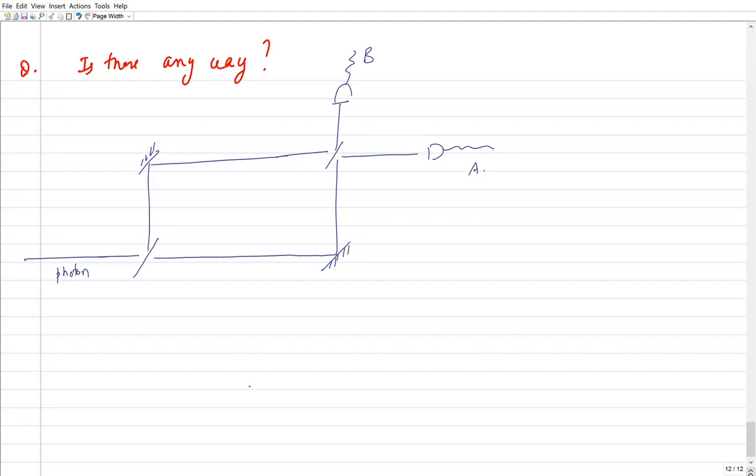So let's consider the detection at event A. Is there any way I can detect whether I went through this route or I took this route? So let me put some device over here to detect if the photon took the upper arm of the interferometer, and I would call that device a Pockels cell.